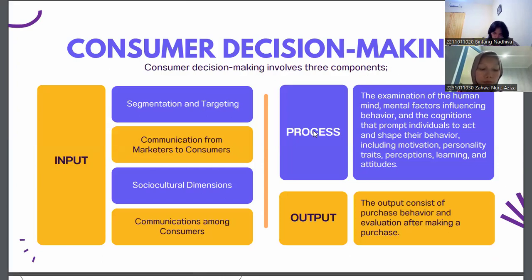And then the process: the examination of the human mind, mental factors influencing behavior, and the cognition that prompts individuals to act and shapes their behavior, including motivation, personality traits, perception, learning, and attitudes. And the output consists of purchase behavior and the evaluation after making a purchase.